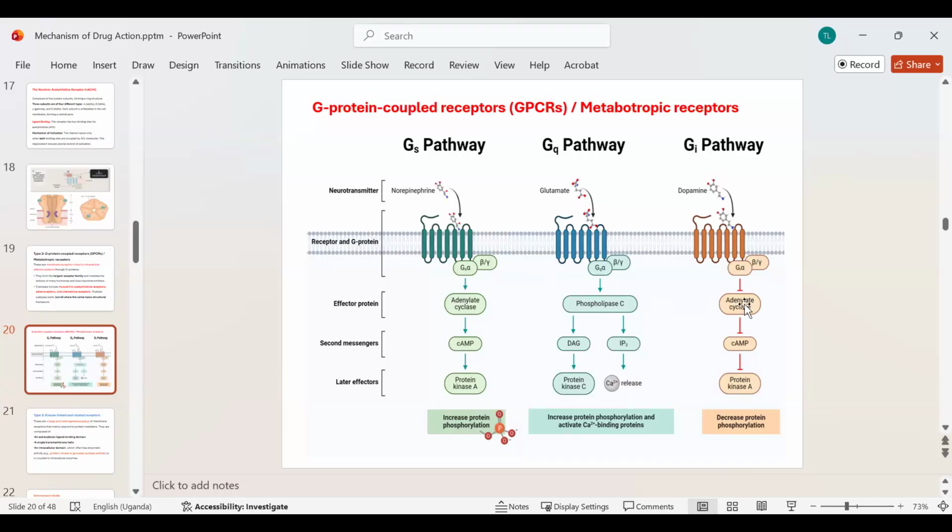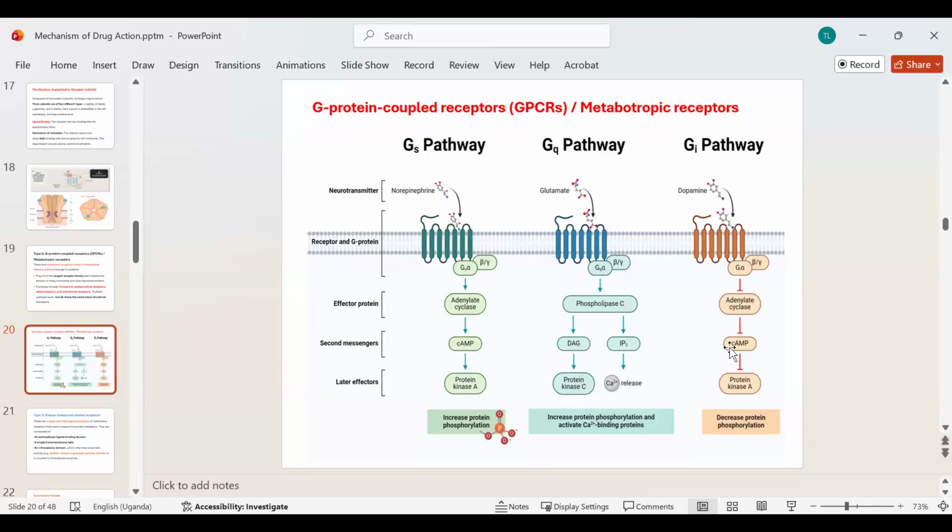However, this one usually increases cyclic AMP, and this one usually decreases cyclic AMP.